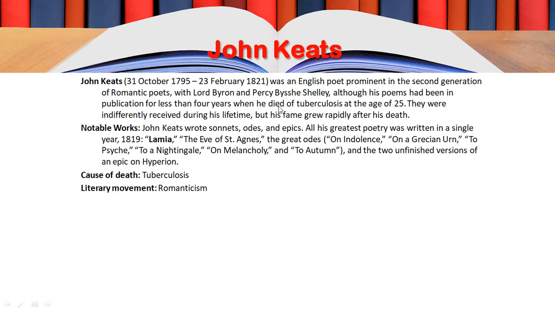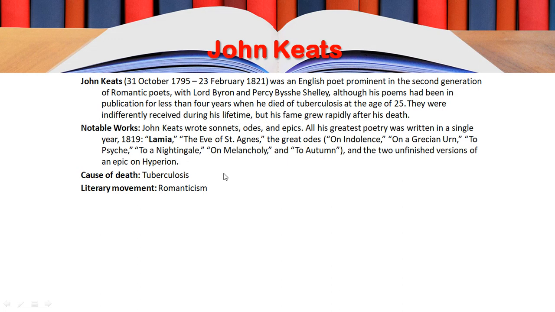Although his poems had been in publication for less than 4 years when he died of tuberculosis at the age of only 25. Just mind it, remember it. They were indifferently received during his lifetime, but his fame grew rapidly after his death.